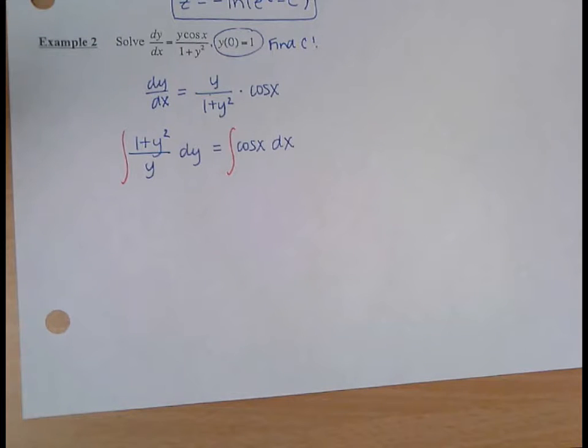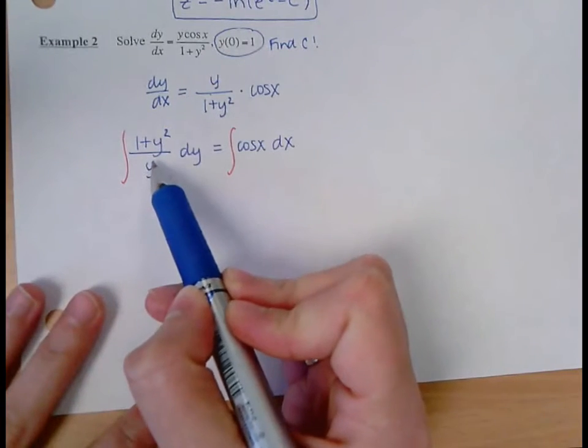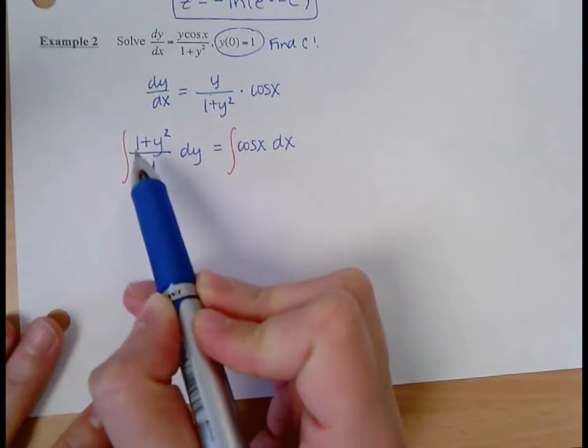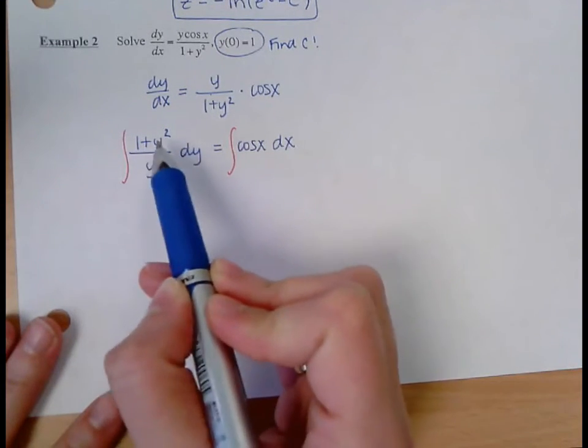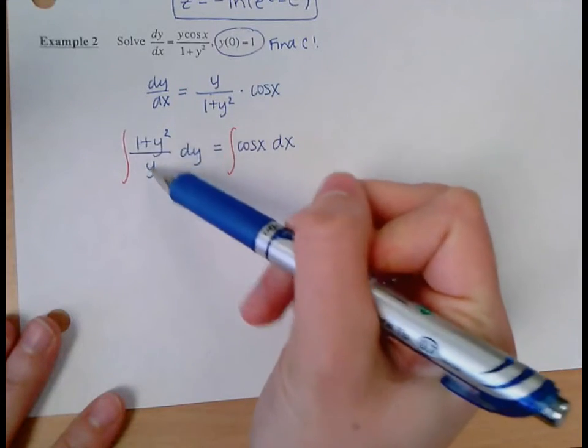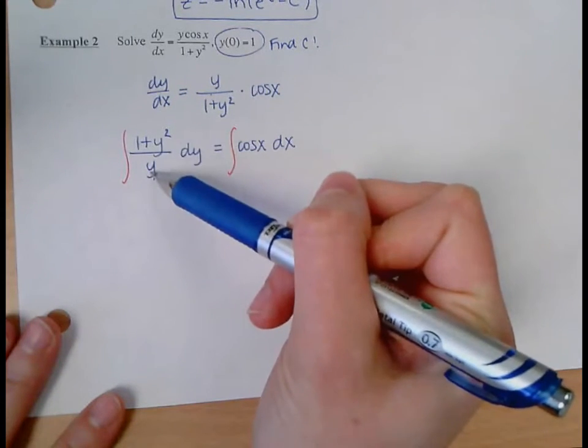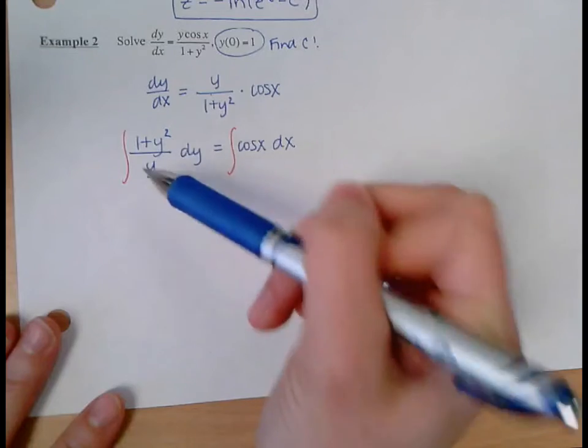So splitting it that way wouldn't help necessarily, Liz. Yes. So because you can split a fraction, or you can split a numerator, I should say. So this would be 1 over y plus y squared over y, and that would simplify to just y.